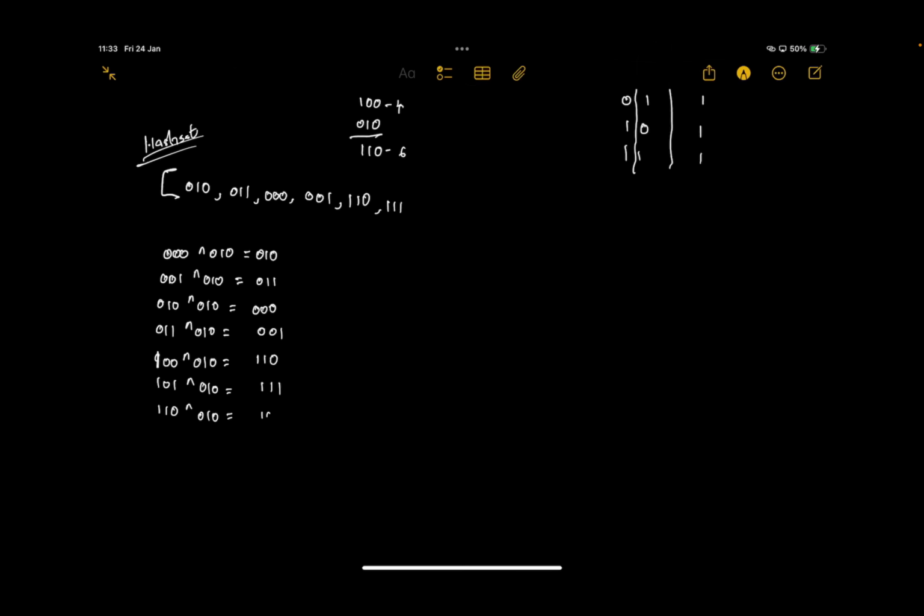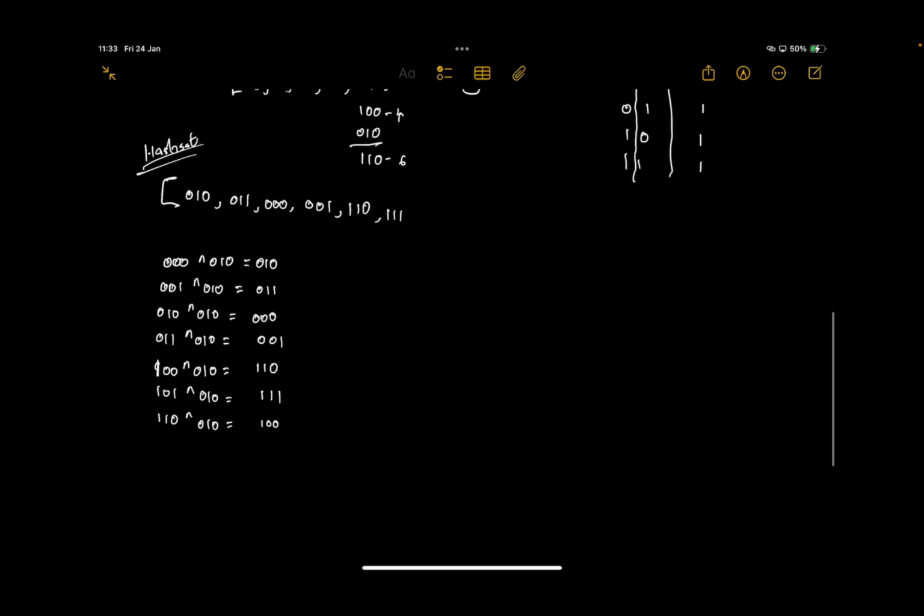That's 1, 0. Not there either. So what operation is that? XOR. If they are the same, then it's a 0, but if they are different, then it's a 1. Then 111. So that's 101. Not there either. So nothing is there.